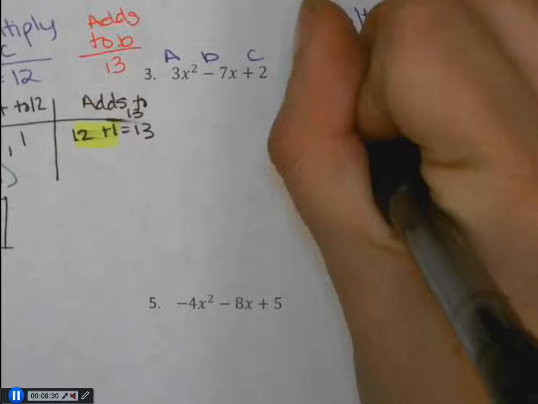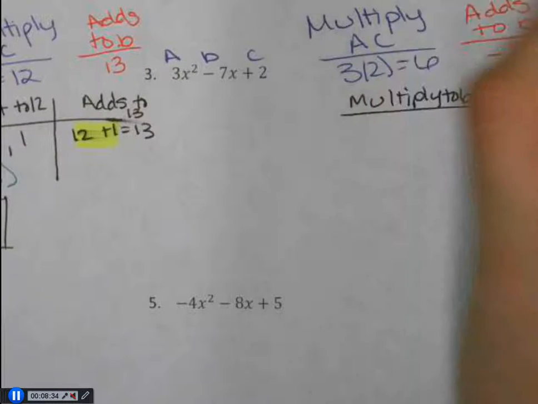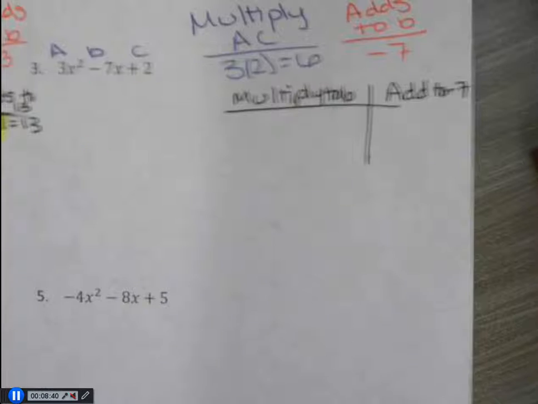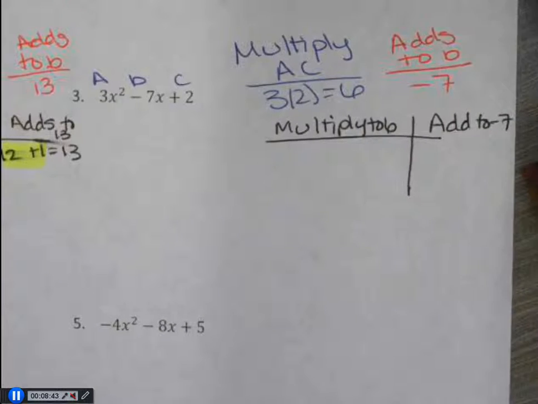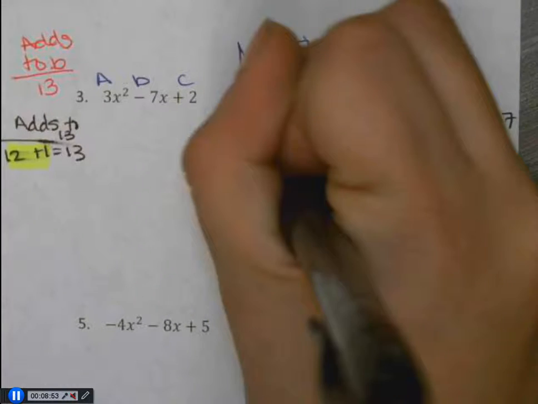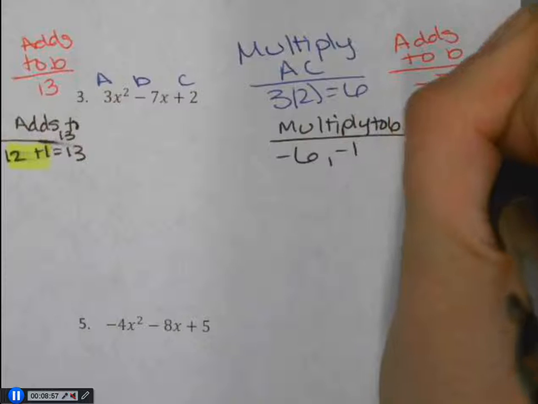So I'm looking for things that multiply to 6 and add to -7. Okay, so what multiplies to 6 that could add to -7? -6 and -1. So -6 plus -1 equals -7.